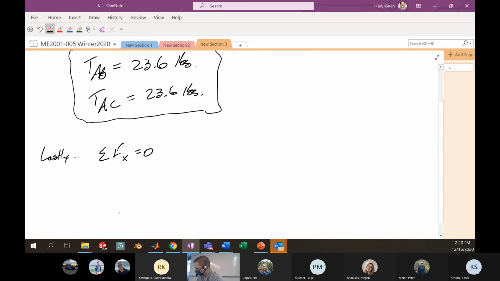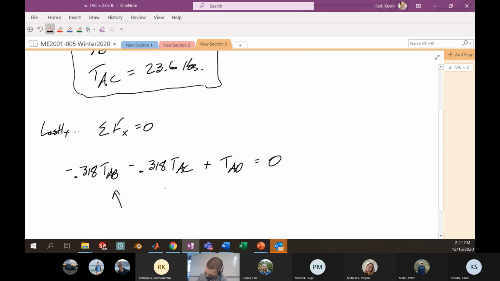Sum of the forces in x equals 0, you can pluck these off yourselves. It's going to be something like negative 0.318 TAB minus 0.318 TAC, contribution from C, plus the full contribution of that force acting solely in the x direction, just TAD, all equal to 0.